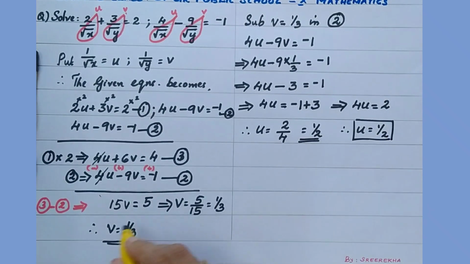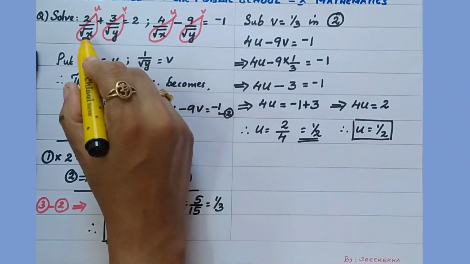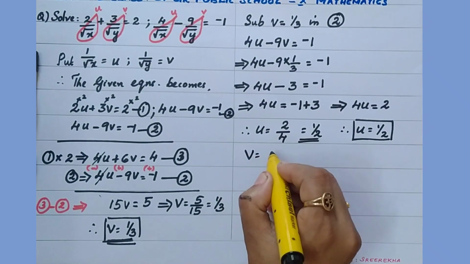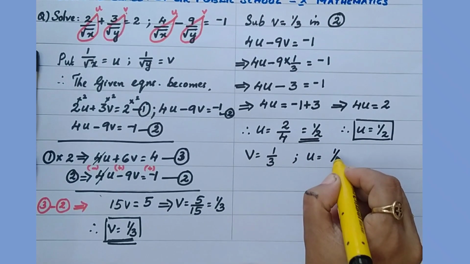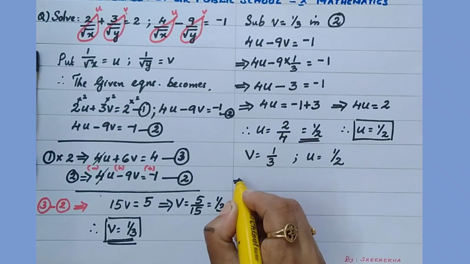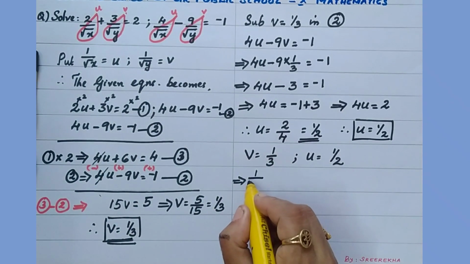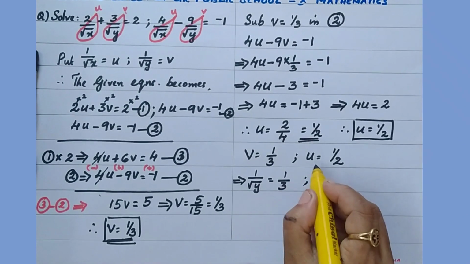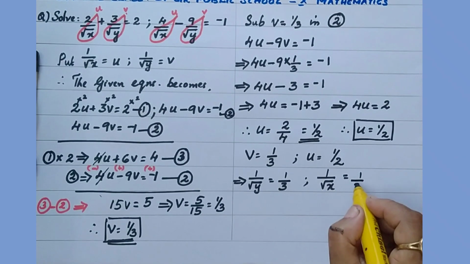Now, we have two values, v and u. We need to find the values of x and y. Okay, we can do it again. v equal to 1 by 3 and u equals 1 by 2. What is v? From the substitution, v equal to 1 by root y equals 1 by 3, and u means 1 by root x equals 1 by 2.